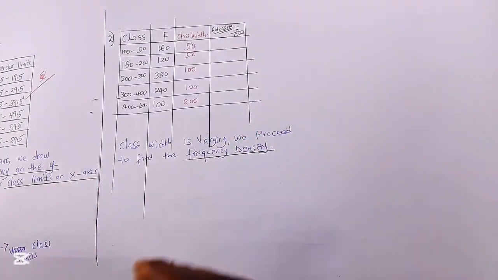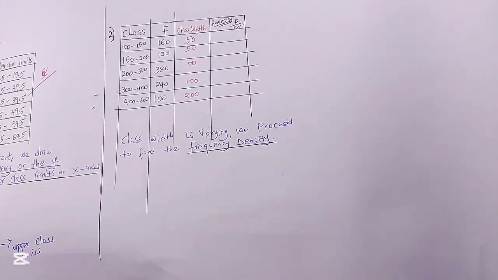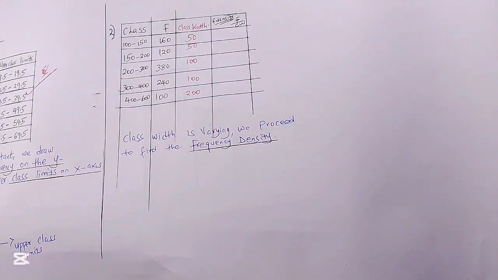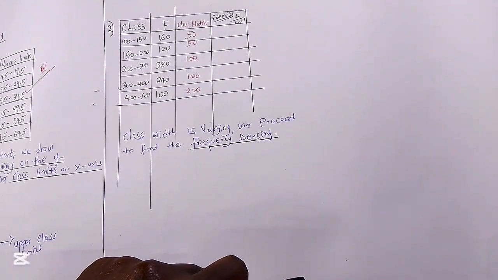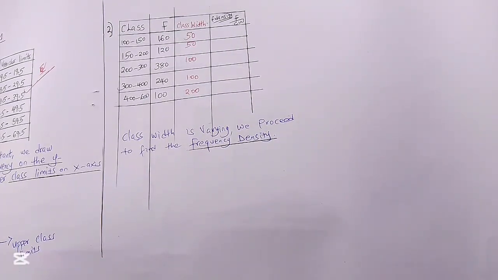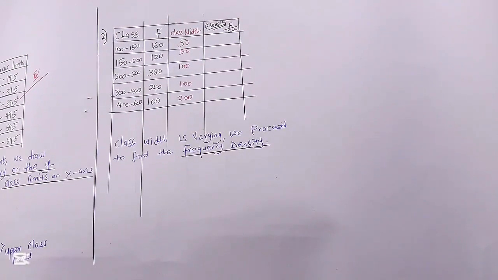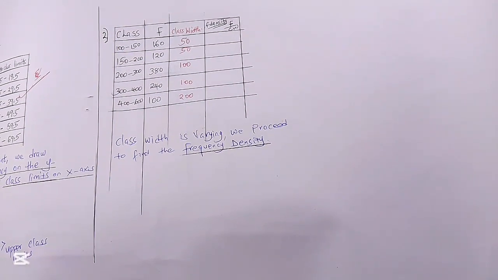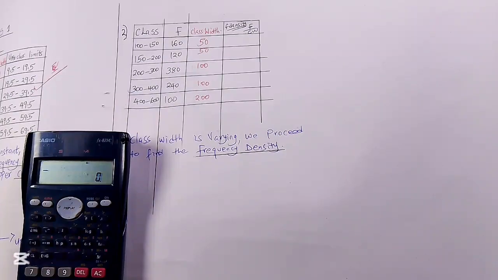We take the frequency, we divide by the class width, and once we do that, we have determined the frequency density.